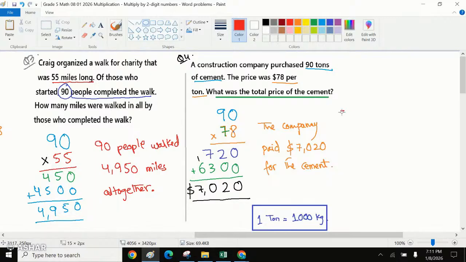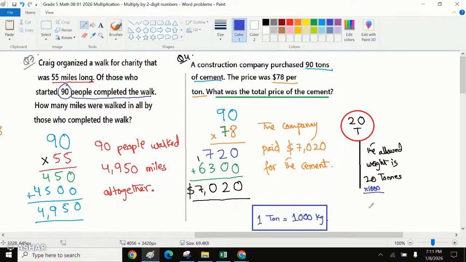We would see an instruction like this, a pole next to the bridge that says 20 T. That means the allowed weight is 20 tons. When we multiply it by 1,000, that means 20,000 kilograms of weight is allowed to be moved over the bridge.